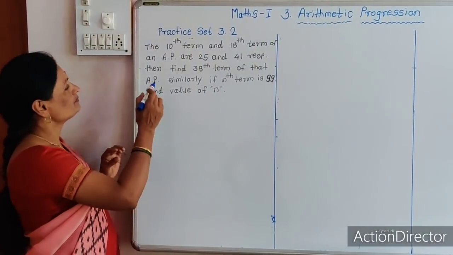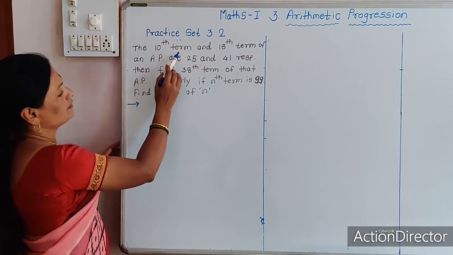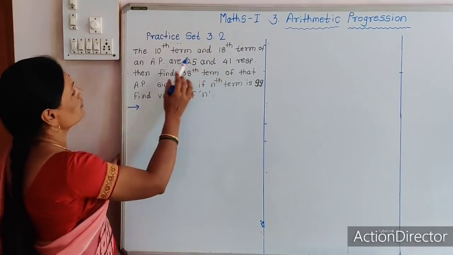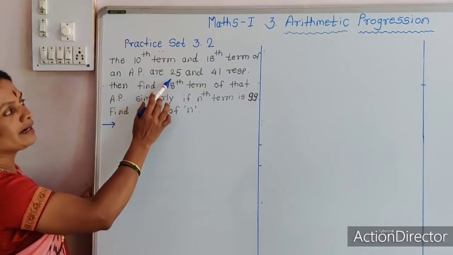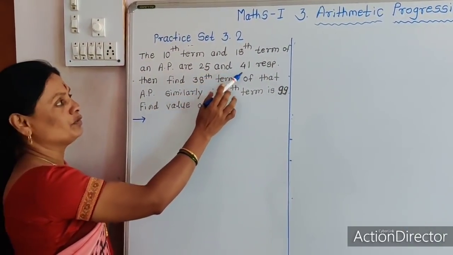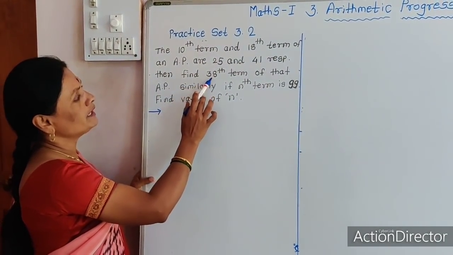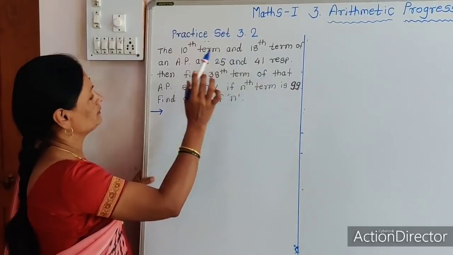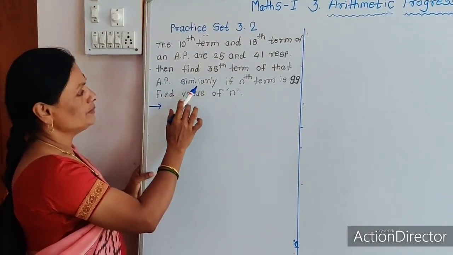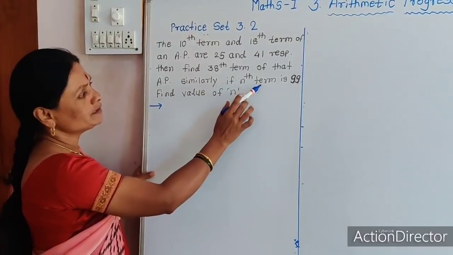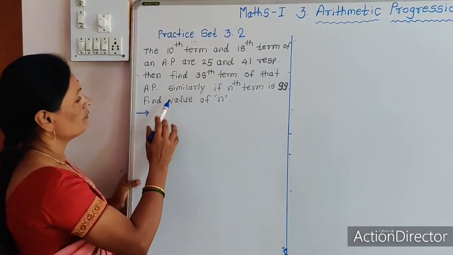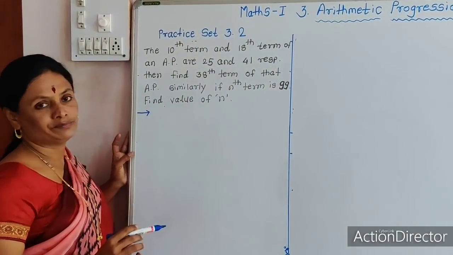Next example. The 10th term and 18th term of an AP are 25 and 41 respectively. Then find the 38th term of that AP. Similarly, if the nth term is 99, find the value of n.